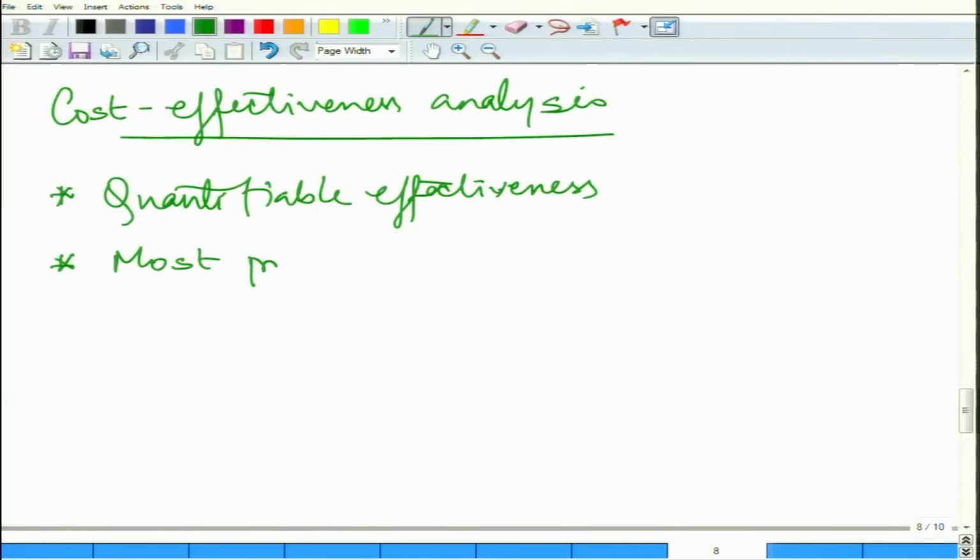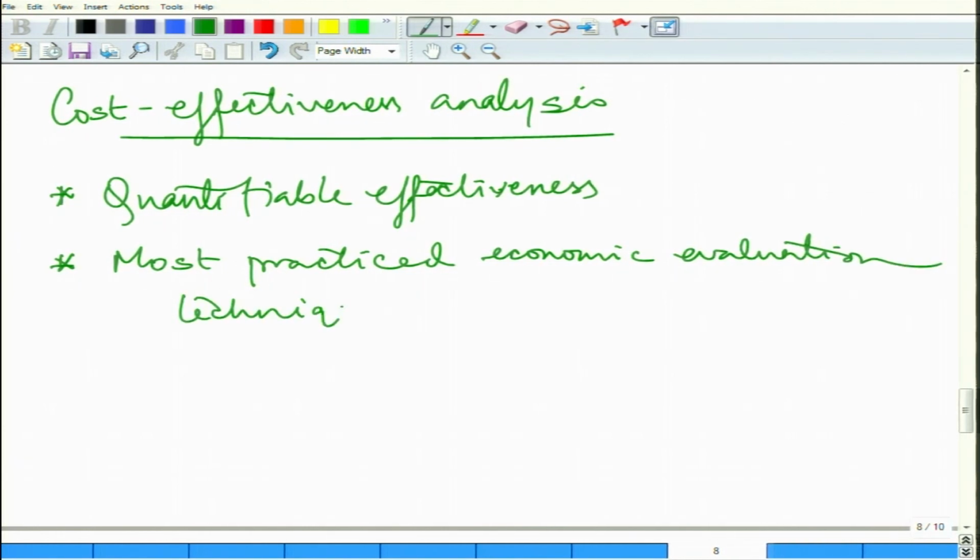Having said that, cost effectiveness analysis is basically the most practiced economic evaluation technique in healthcare, and most suitable as well, I don't have to mention.